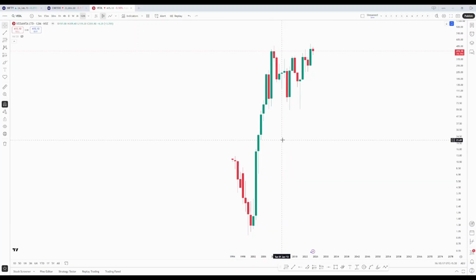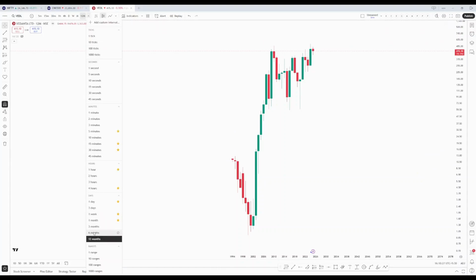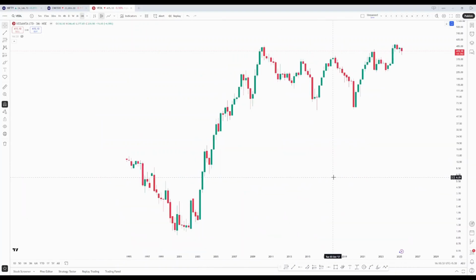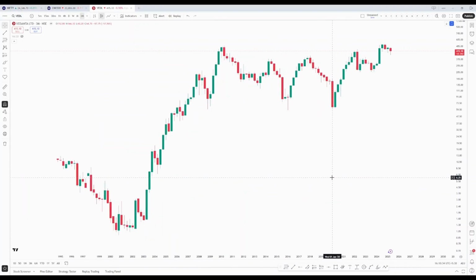So the first thing we do, at least this is what I do personally, and different people may do it differently, is I try to pick a time frame in which I can see the whole chart clearly within a single screen, from beginning to end, and at the same time I can also see all the different waves, ups and downs, marked as much as possible.